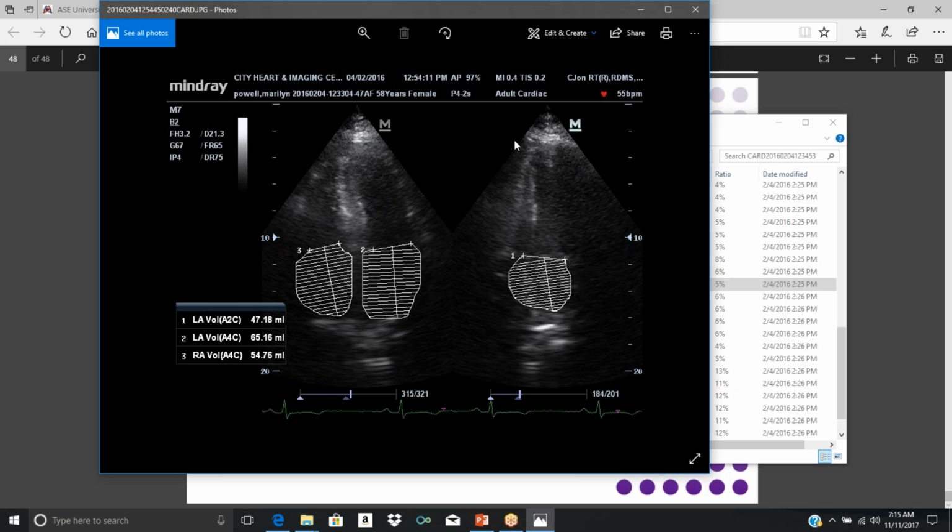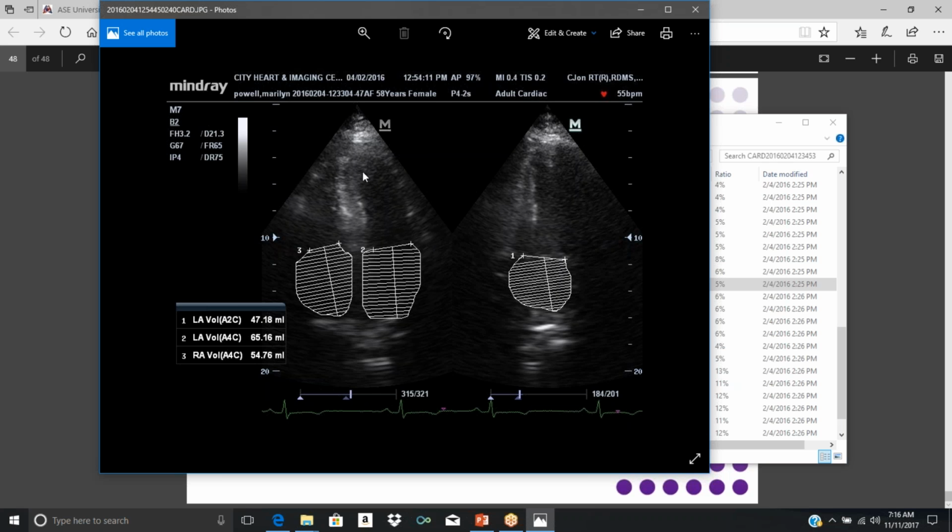When you're doing left atrial volume, one of the methods that's recommended is the area length method. We also do the biplane method of discs to evaluate left atrial volume. You do it in your 4-chamber view and your 2-chamber view.